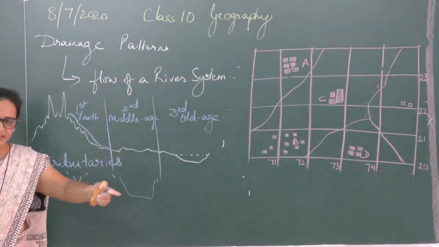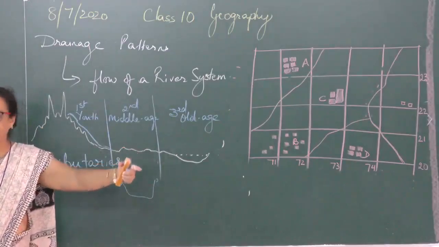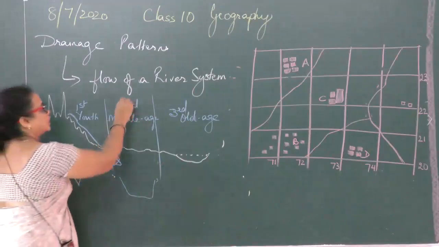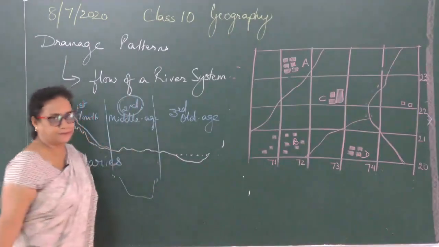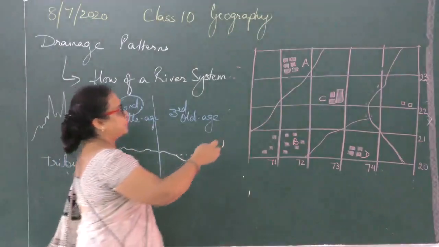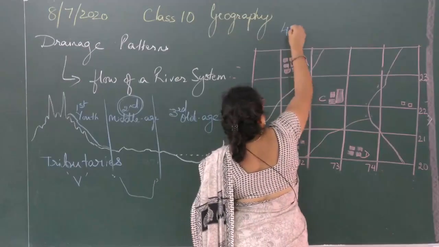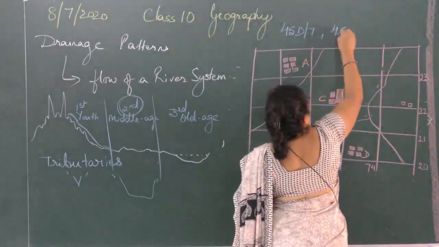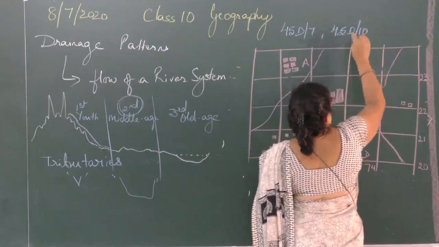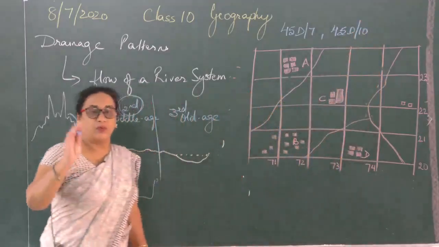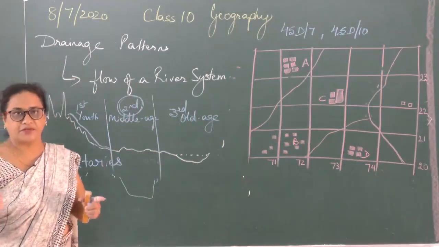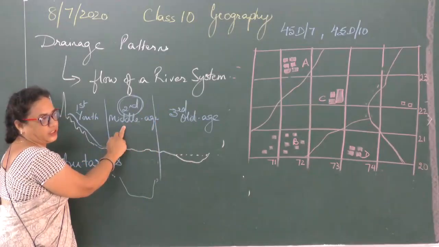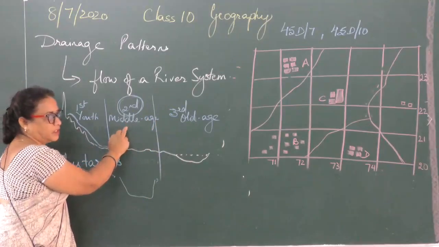Volume of water has increased and the sides have been pushed back. Clear? Now this is the most important for you. Why? The two maps which are there in your syllabus, 45D7 and 45D10, in both these maps, whichever rivers, big rivers which are shown are in the middle age stage. Please note it down. Please note it down.